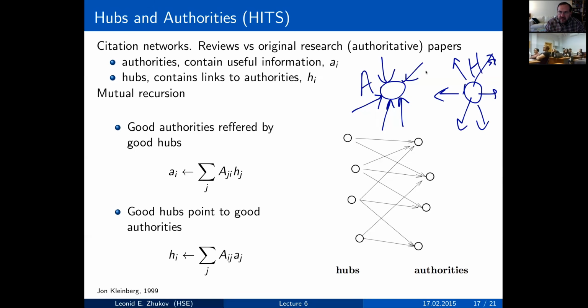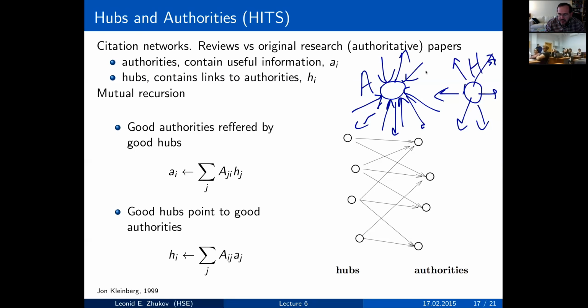And the idea is the following. In the real world, there is no pure authorities and there is no pure hubs, but one or the other will dominate in the sense that, yes, an authoritative paper, though it is cited by lots of other papers, still cites some papers in their research.